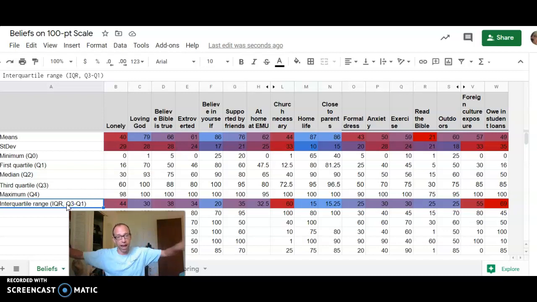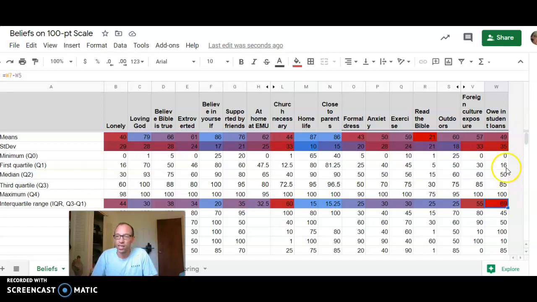Because this is factoring out the top 25% and bottom 25% of the data, it's going to be a lot more resistant to the skewed data you could get with financial data. So to me, it shows that the difference in student debt is actually a lot stronger than I would have been able to see from the standard deviation.